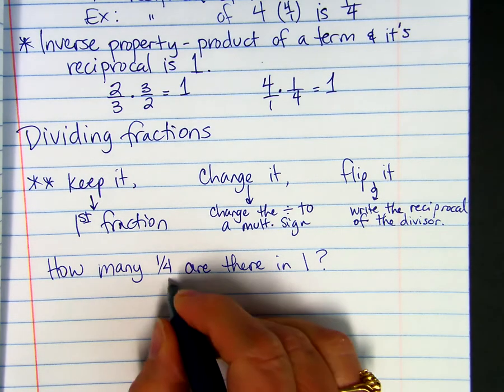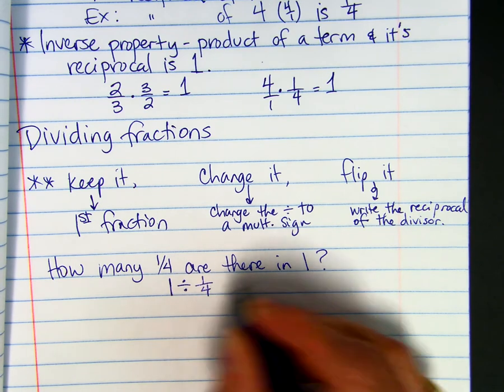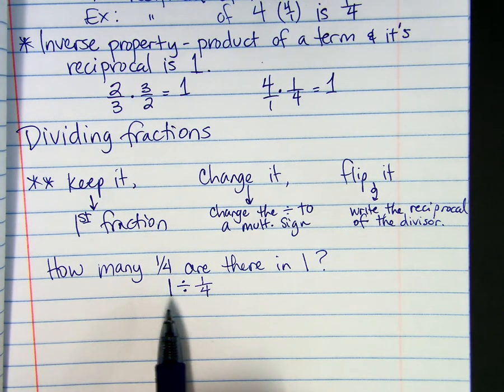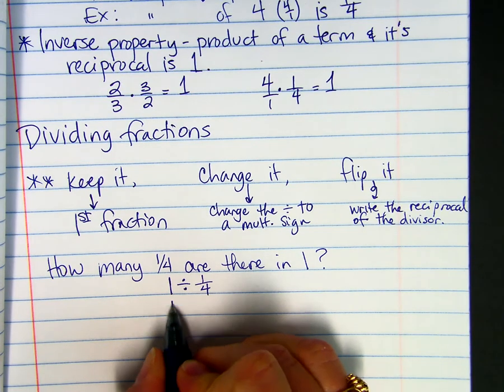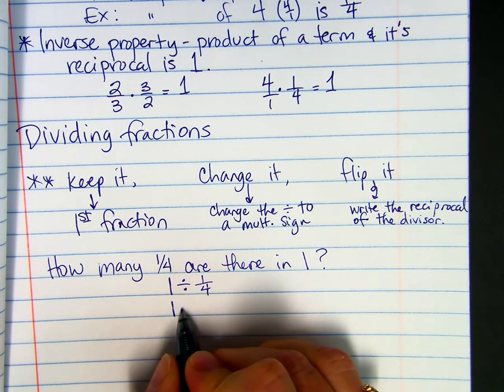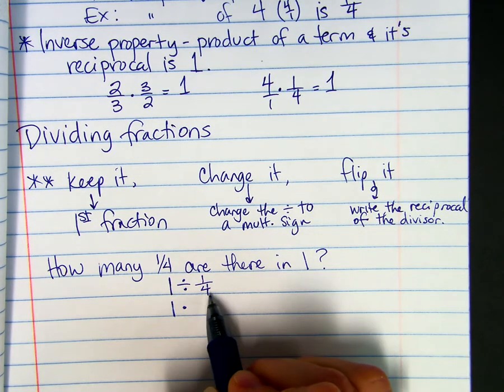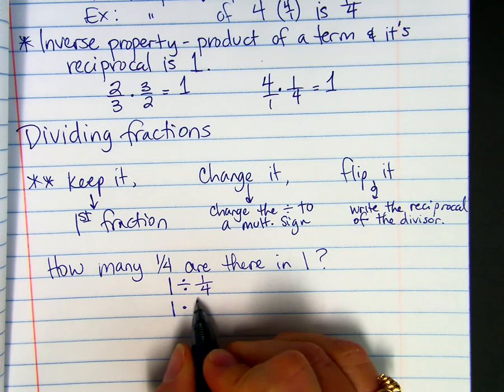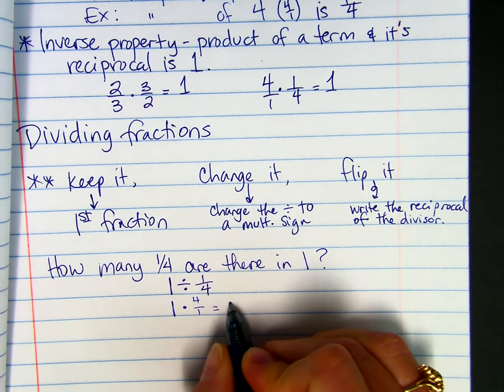What we're doing is we're taking 1 and dividing it by 1/4. So if we use our keep it, change it, flip it, we're going to keep the dividend, 1, change the division to a multiplication sign, take the reciprocal of the divisor, so 4/1, and it equals 4.